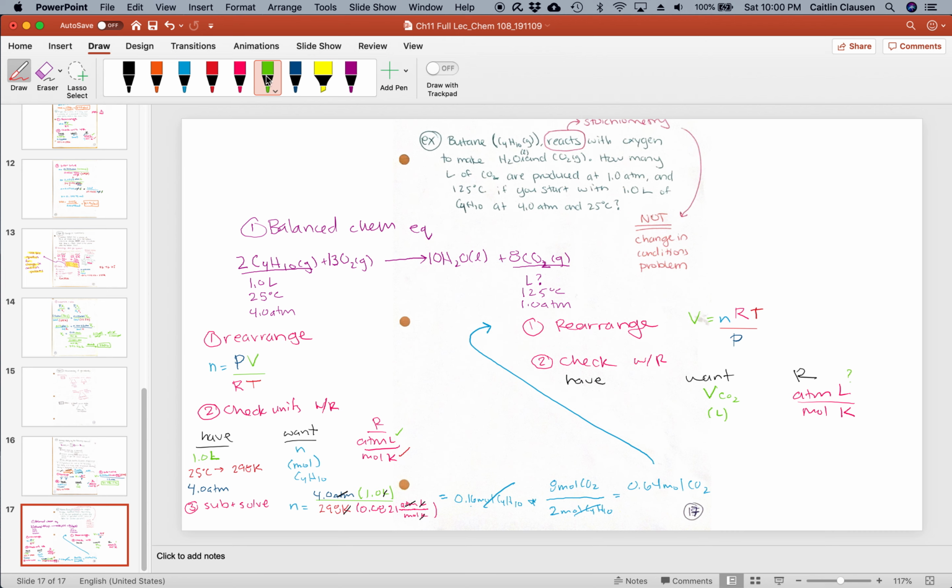We have the 0.64 moles that we just calculated. We have 1.0 atmosphere, it's given in the word problem. And then we have 125 degrees Celsius, which I need to convert into Kelvin. And that turns out to be 398 Kelvin.